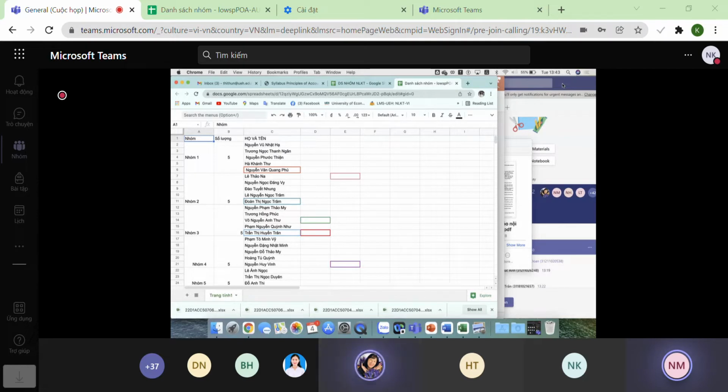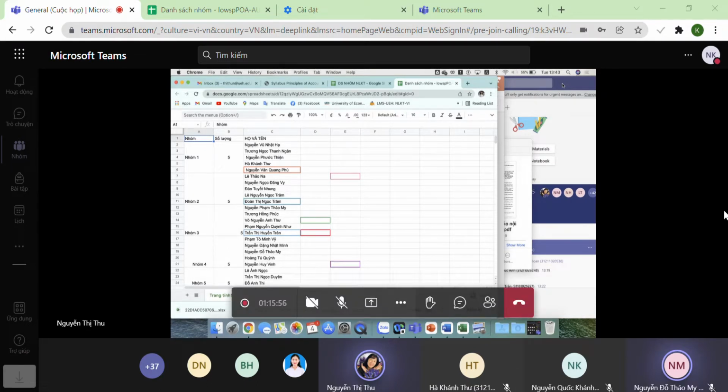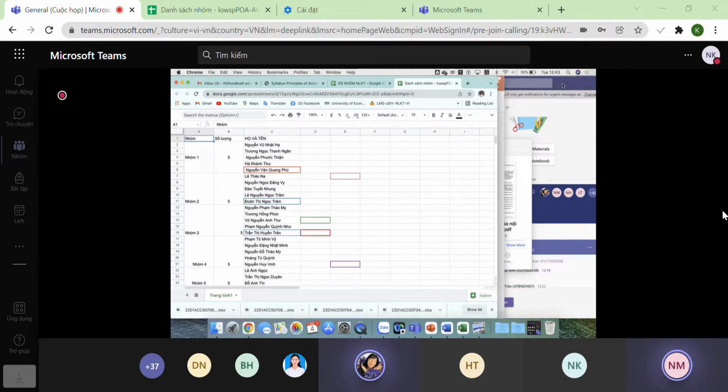Group number 3. Sell for cash. You deliver inventory to the customer with the cost of 500 and you receive cash. I mean the price that you receive from the customer, for how much?